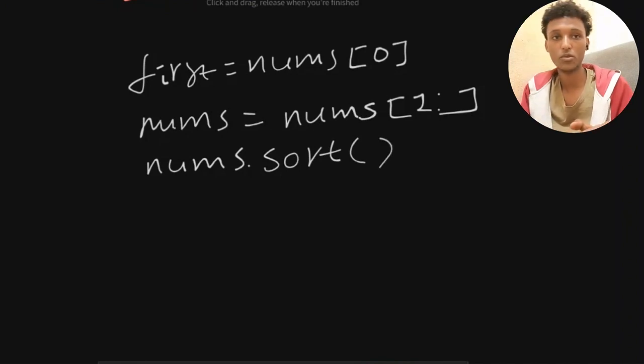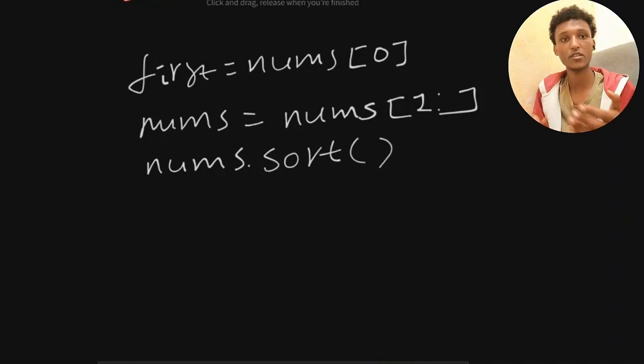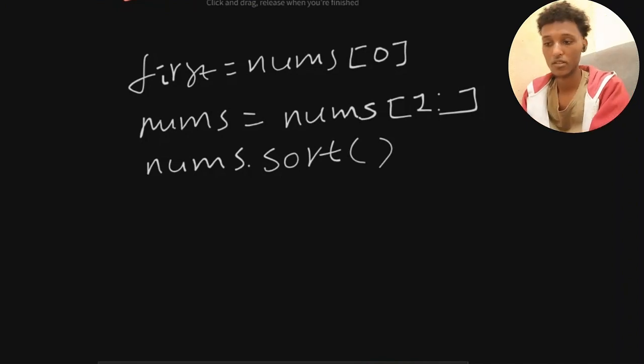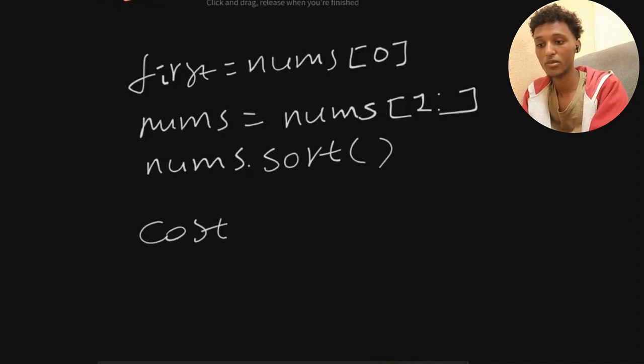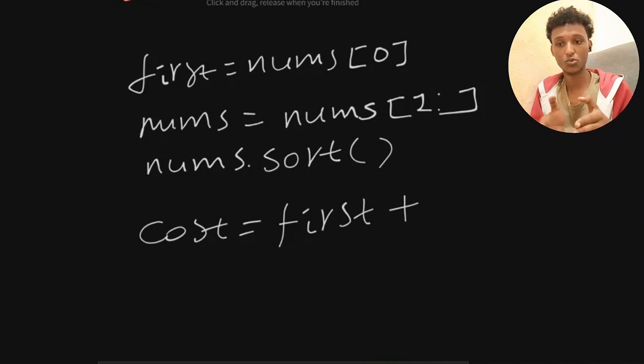Then what I can do is calculate the cost of these 3 partitions and return the value. So the cost is equal to first element, first, plus, then from the sorted array we can take the first 2 elements because they will be the cost of our 2 other partitions.